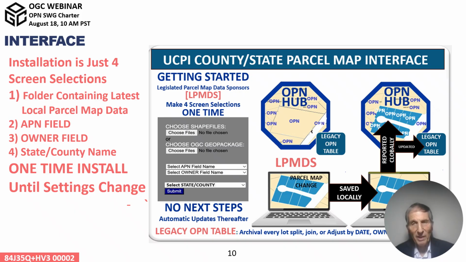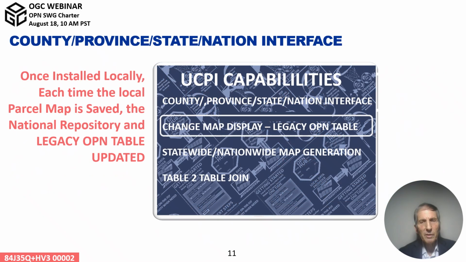That's it. A one-time install, subject to setting changes if the data parameters change later on. Once installed locally, each time the local parcel map is saved, it is converted to a JSON that automatically updates the national repository.